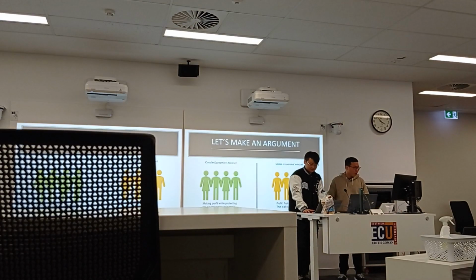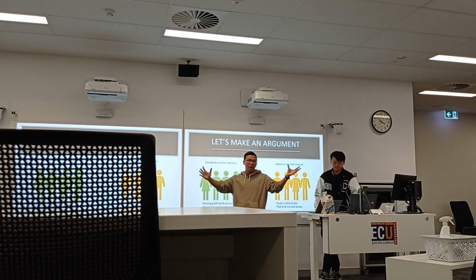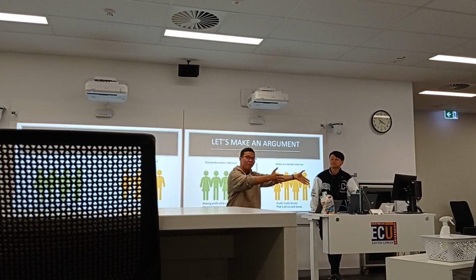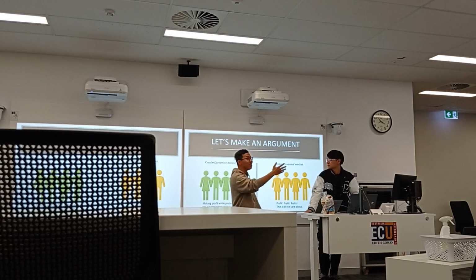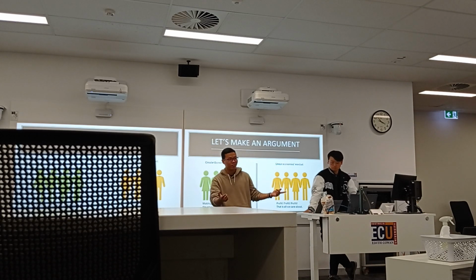So let's have a discussion. Let's make an argument. I will divide the class into two halves. This half of the class is going to have the linear economy mindset, which means for us it's all about profit, and that's all we think about.